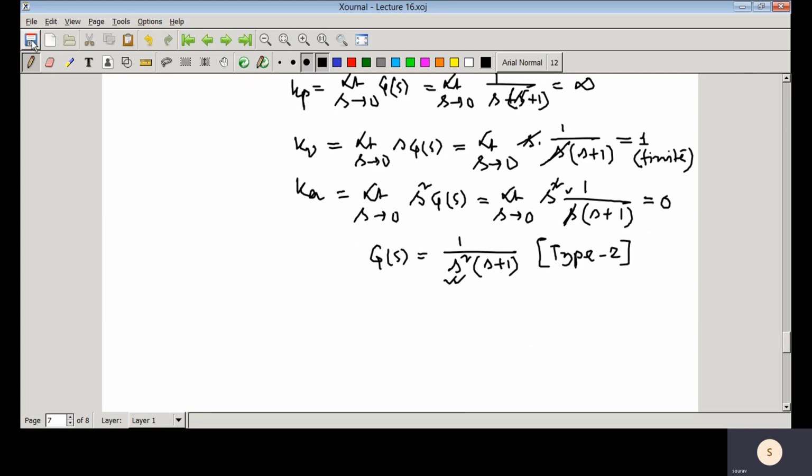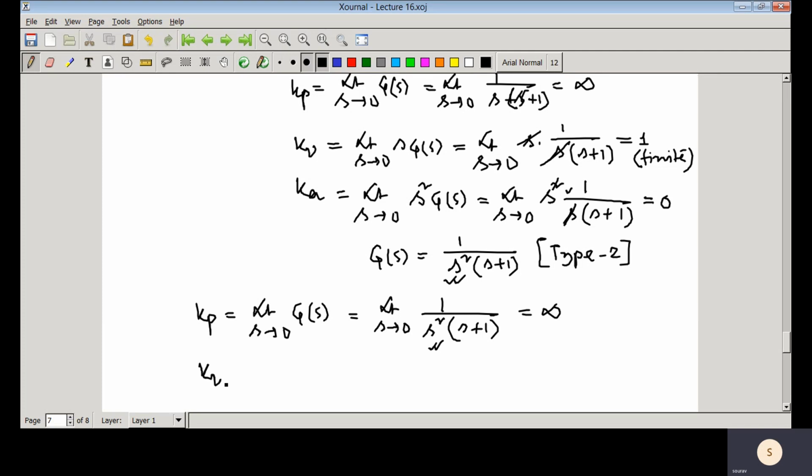So now what will you get? That is Kp equal to limit s tends to 0 of G(s). So then you can see limit s tends to 0 of 1 by s square plus s plus 1. Whenever in the denominator there is a pole, that means it would be equal to infinite. And what is Kv? That is limit s tends to 0 of sG(s).